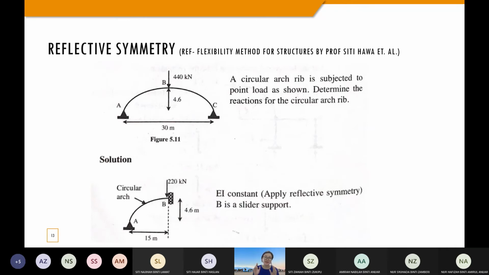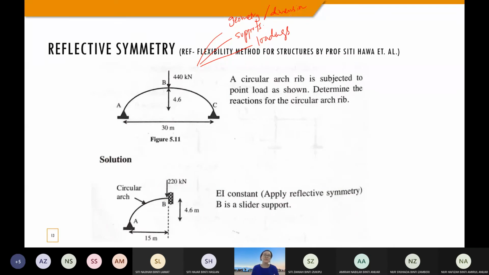You need to make sure it is a symmetric structure first. So how do you classify or observe a symmetric structure? You can see it in a few forms: in terms of geometry or dimensions, in terms of support conditions, pin, roller, fixed, and in terms of the loadings.